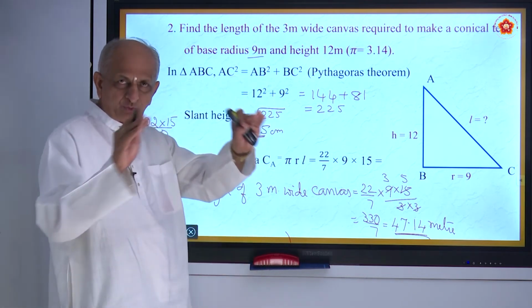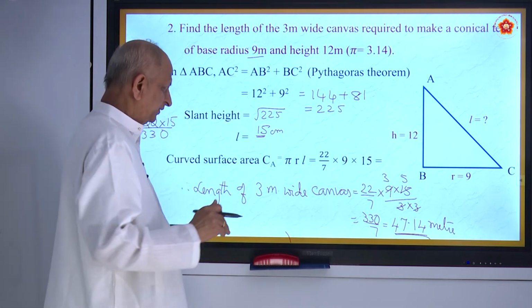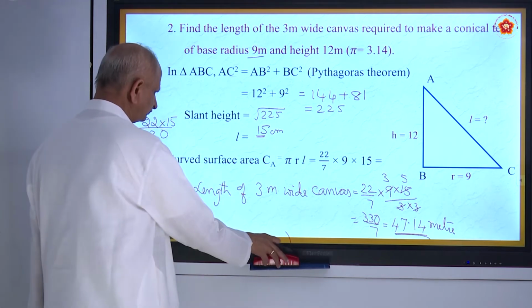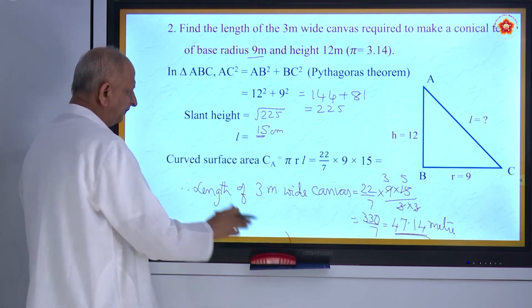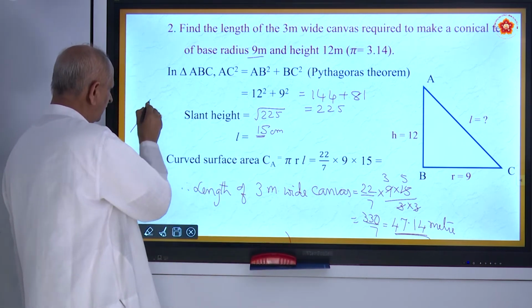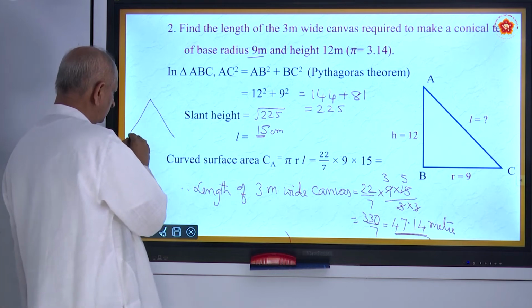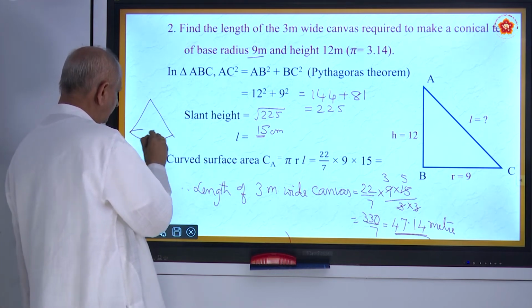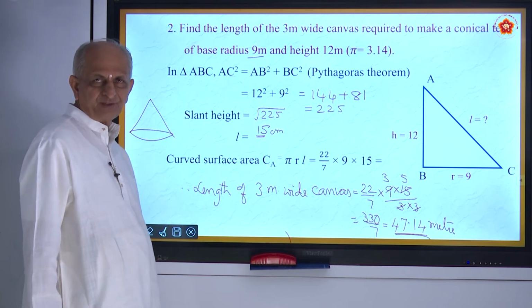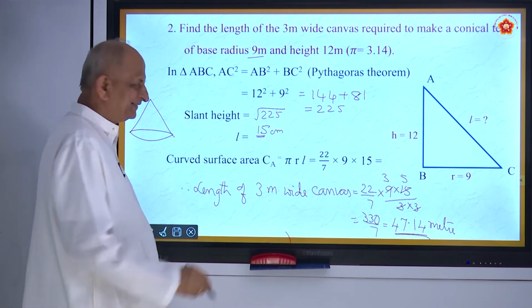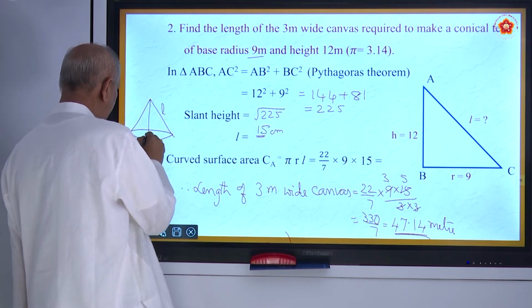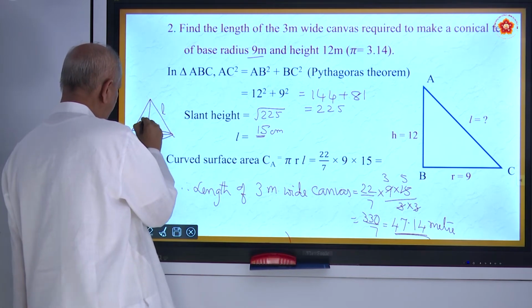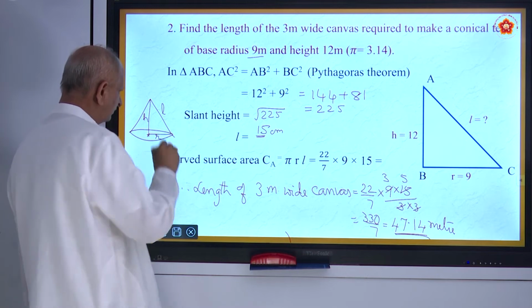Canvas means that which is used for covering the tent. As you know, in military camps, and even now you can see some slums having canvas tent, and there it is called as L here, and this is H and this is R.